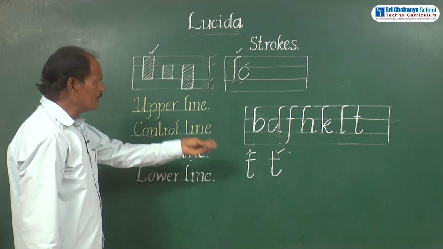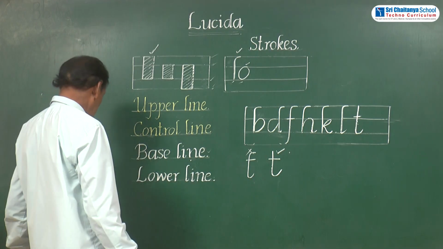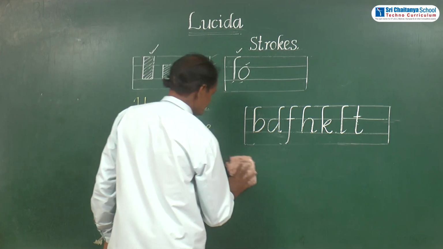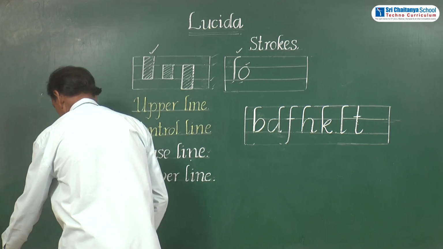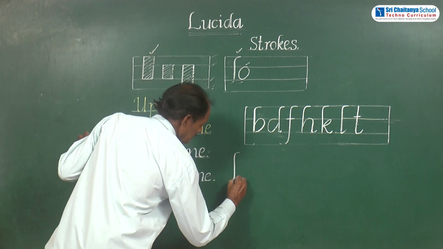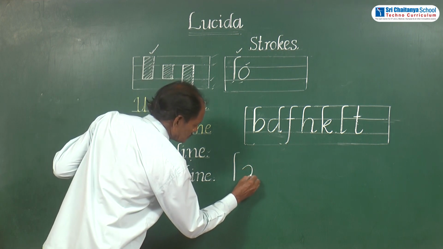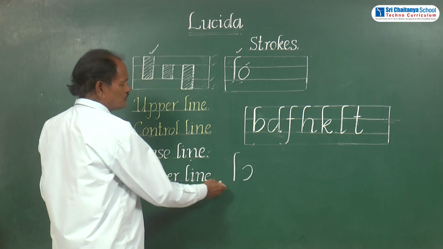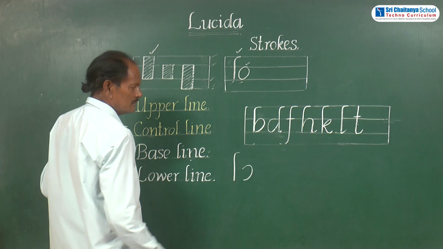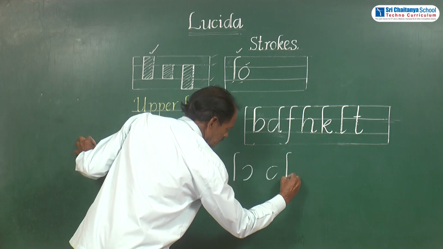Okay? And if you divide these letters into different strokes, I will show you how these letters are written with the help of different strokes. This is the first stroke and this is the second stroke. If you join these two, it will become into B. For D, vowel shape and upper zone stroke.